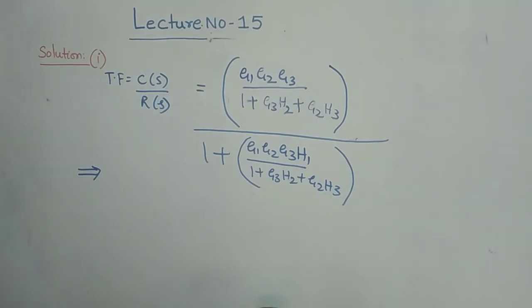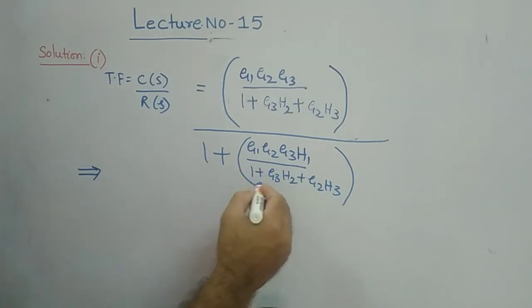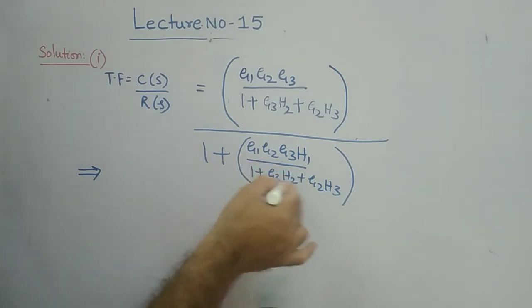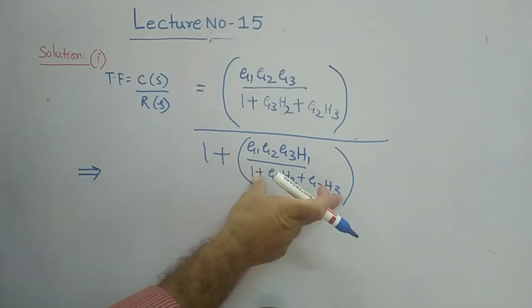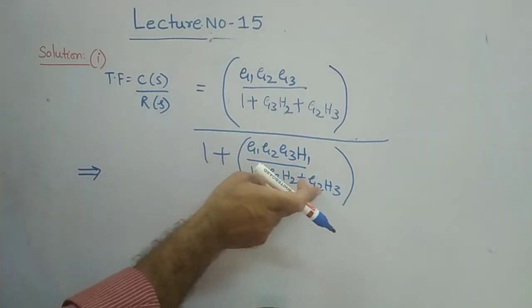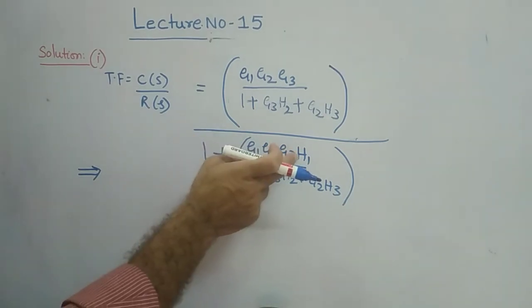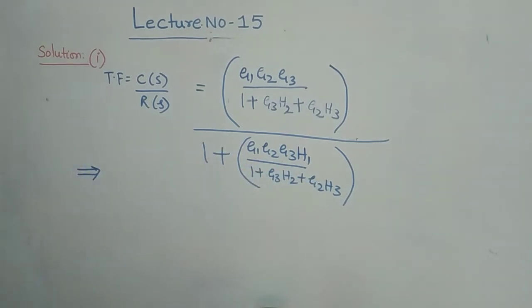Now as we have seen, the entire denominator will come here, multiplied with 1, then 1 plus G3 H2 plus G2 H3, everything will come here in place of 1. It will come like that, is it not?